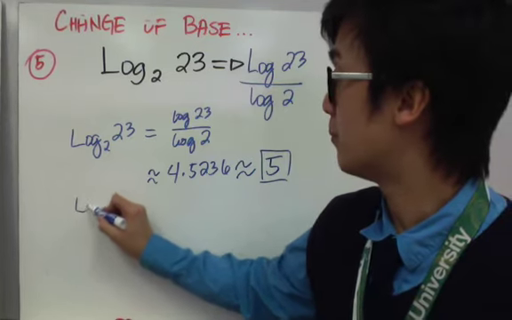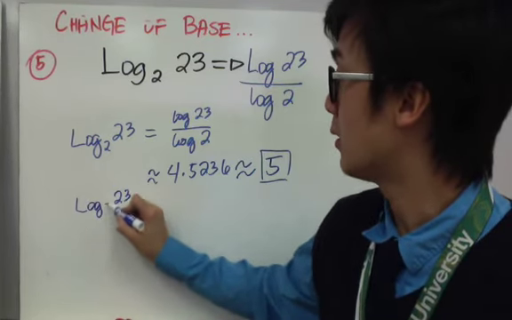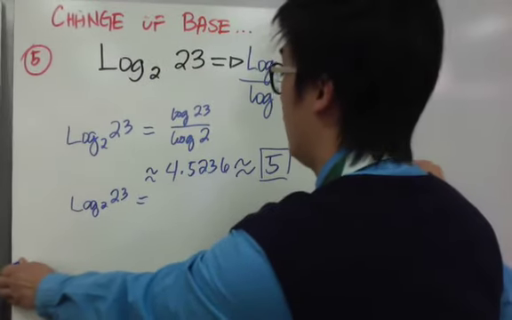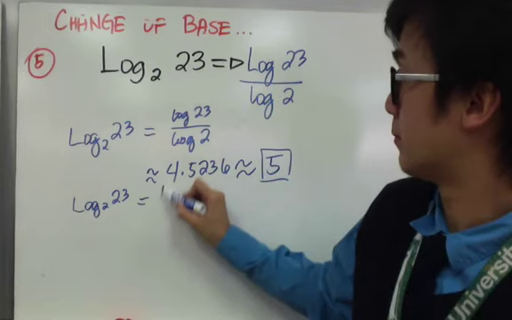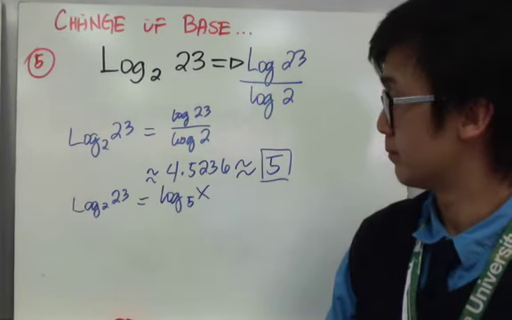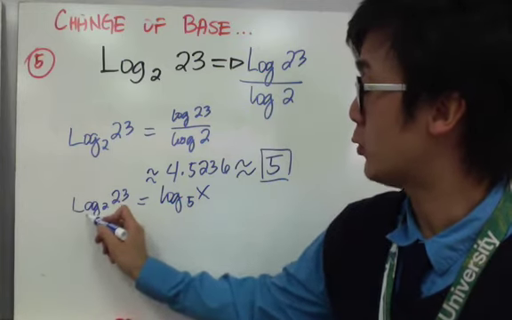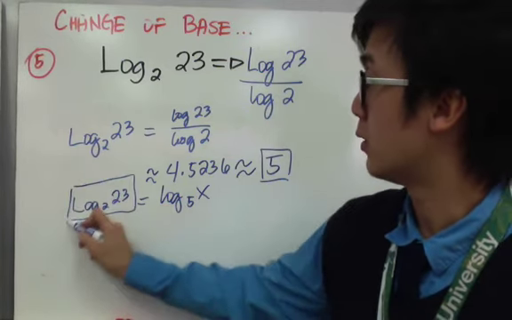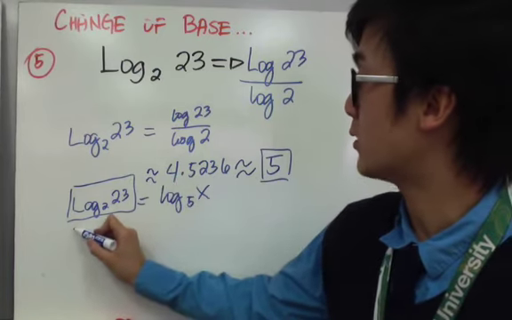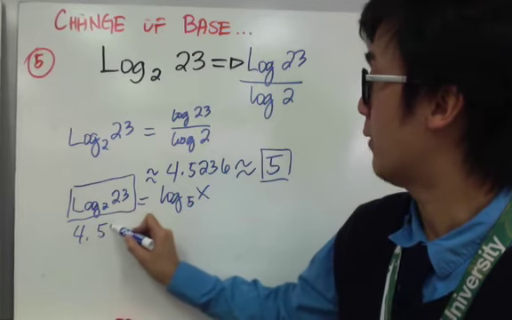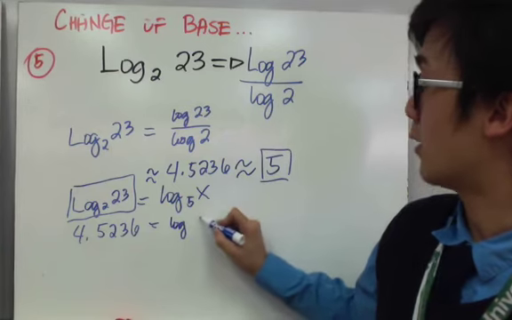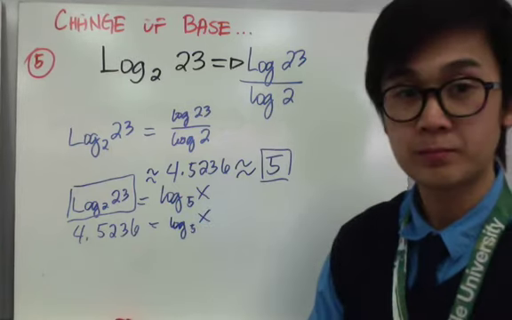So the next step, the logarithm of 23 base 2 is equal to the logarithm of x base 5. Now we know that the logarithm of 23 base 2 is equal to 4.5236. So let me rewrite it as 4.5236 equal to the logarithm of x base 5.